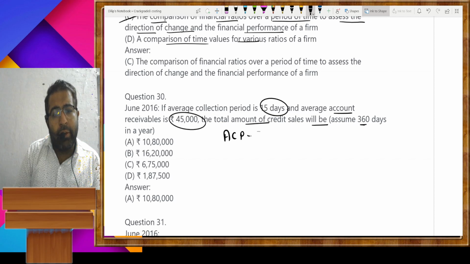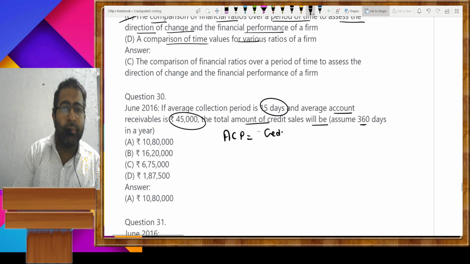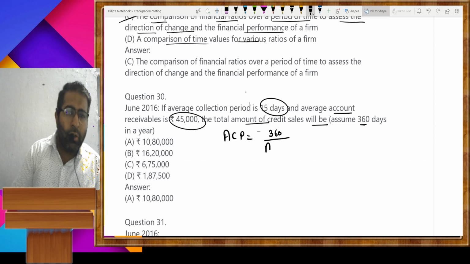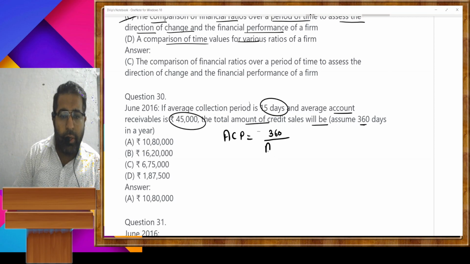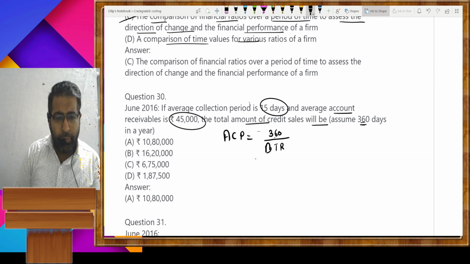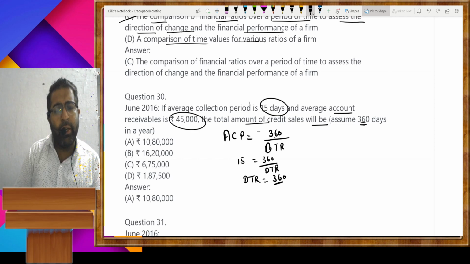Average collection period is always calculated as days divided by debtor turnover ratio. 360 days given in the question. So average collection period 15 days equals 360 divided by debtor turnover ratio. So debtor turnover ratio equals 360 divided by 15.